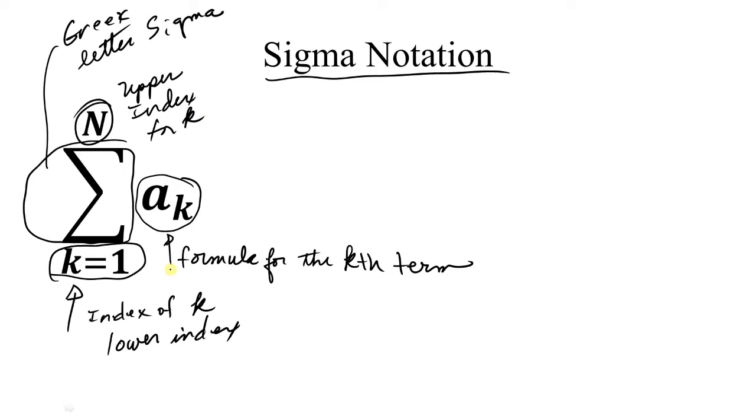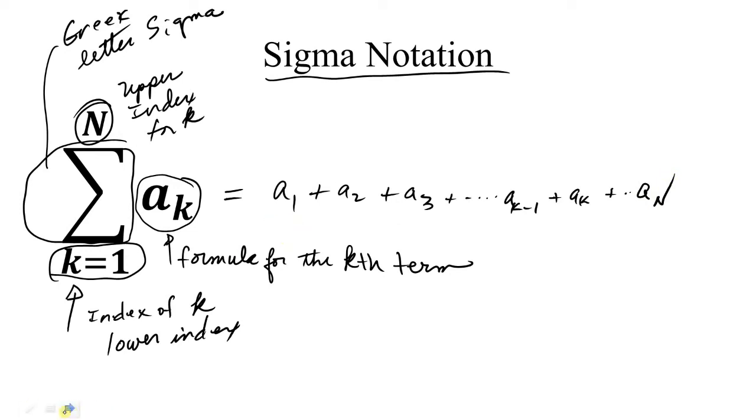And this notation just simply means add a1 plus a2 plus a3 all the way up to a sub k minus 1 plus a sub k, all the way up to a sub n.